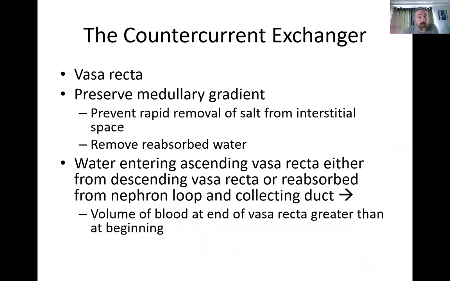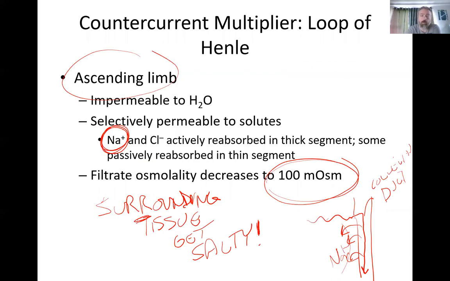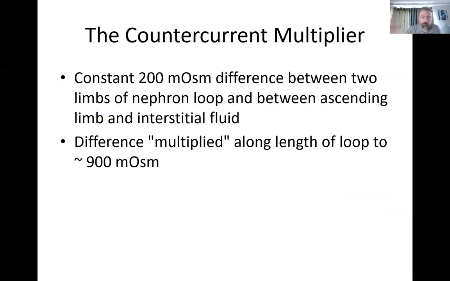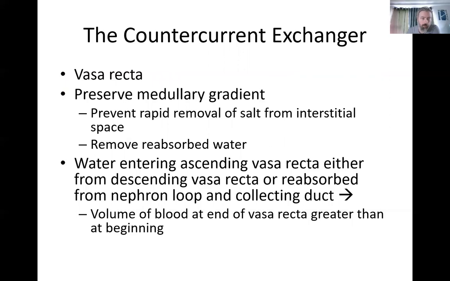Now the countercurrent exchanger, the vasa recta, this is where we return water. So if we go back to my little cartoon here, I'm just going to pull up a blank screen if I can. There we go.